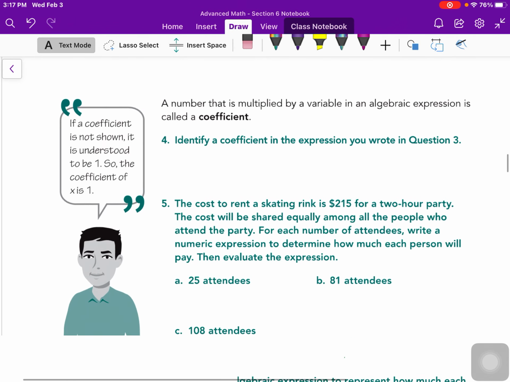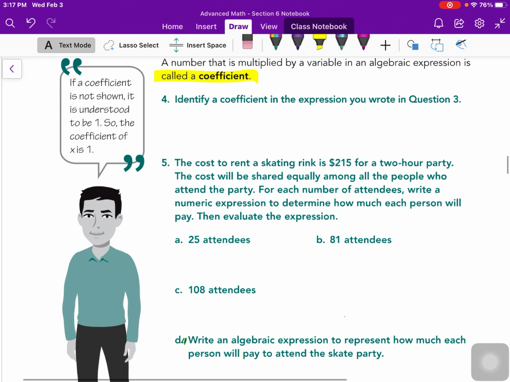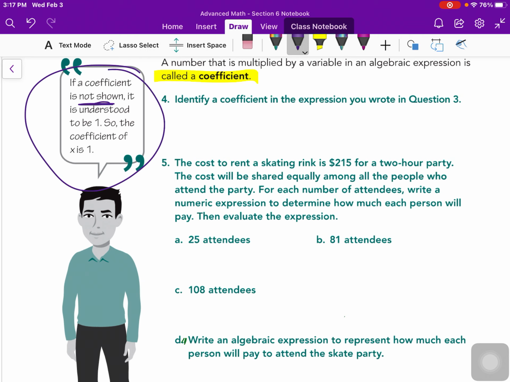We just answered. It said a number that's multiplied by a variable is in fact called a coefficient, and we just did that for number 4. Number 5, it says, on a side note, if a coefficient is not shown, it's understood to be 1. So the coefficient of a plain old x is 1.